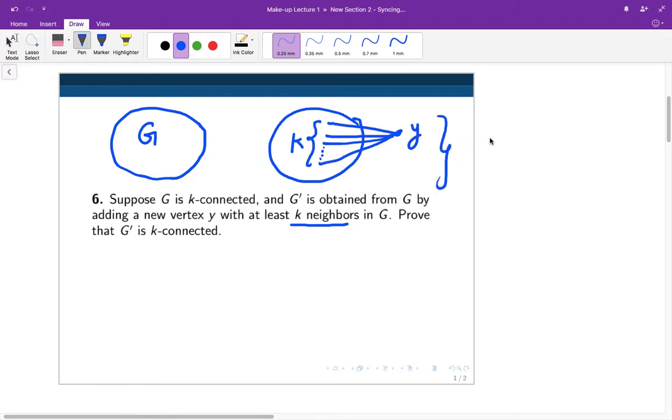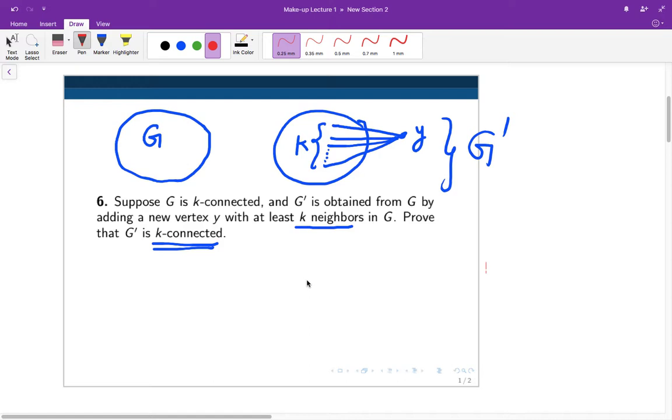So this is called the graph G prime. Now our task is to prove that the graph G prime is also k-connected. The graph G that we started with is k-connected, and we want to show that by using this construction, the graph G prime is also k-connected.